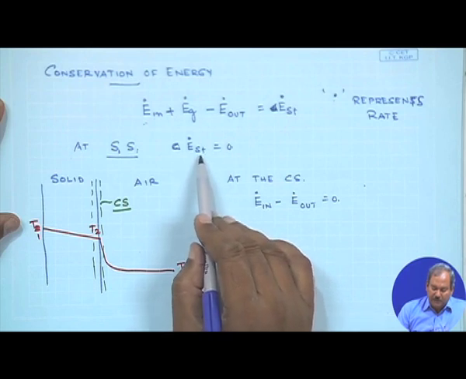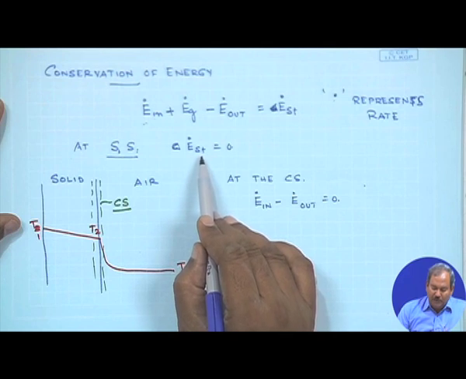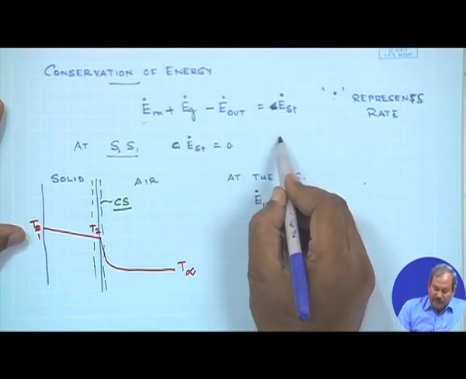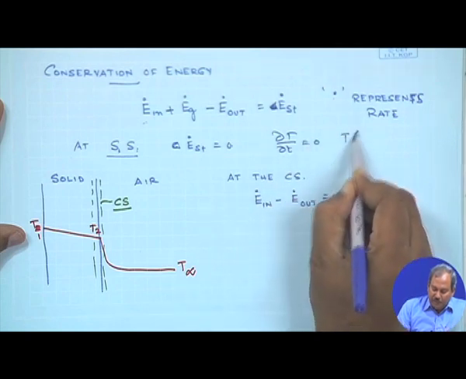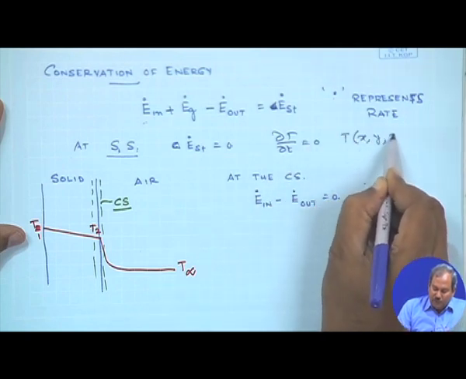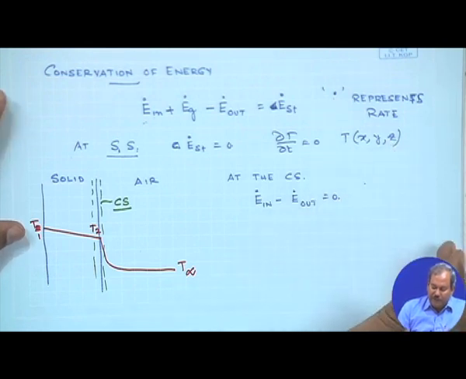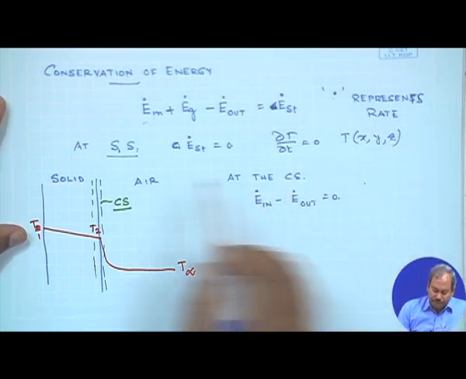The temperatures could be a function of space coordinates, that is, temperature could be different at different points in the control volume, but del T by del time, that is, the temperature will not be a function of time. So, del T by del time would be equal to 0. However, we understand that T could be a function of the three space coordinates.